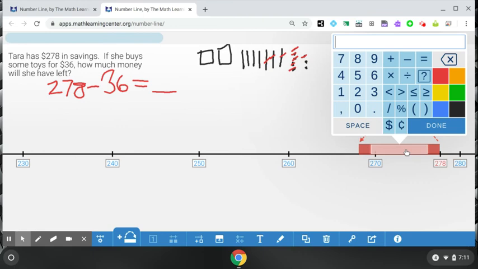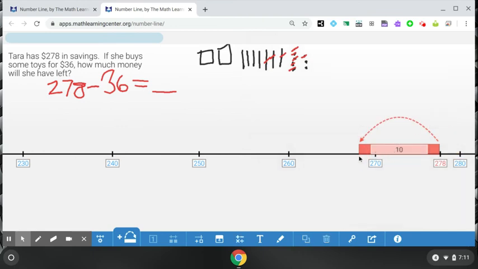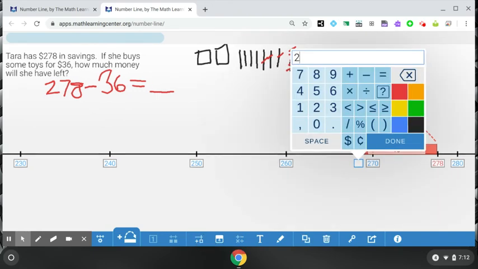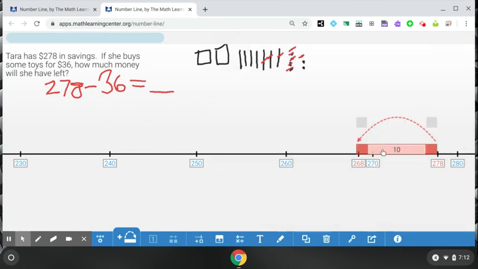And that's my jump of 10. So I'm going to label my jump of 10, and I'm going to label where I land as 268. Very good. That's only one 10. I need to jump another 10.